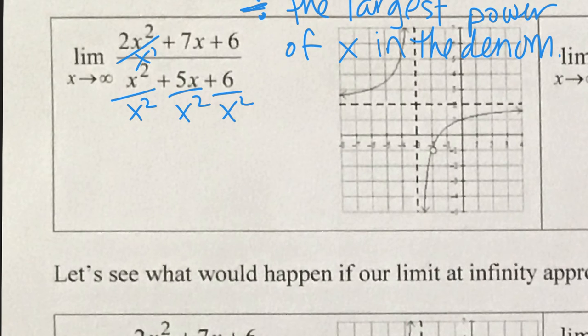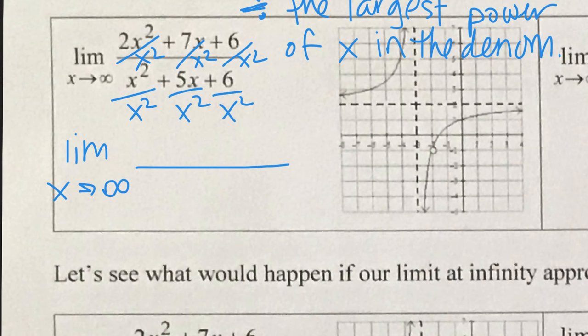Every term we divide by x squared. So this is our limit analysis to find the limit of this rational function as it goes to infinity. So we'll rewrite, once again, the limit as x goes to infinity of our new augmented rational function.